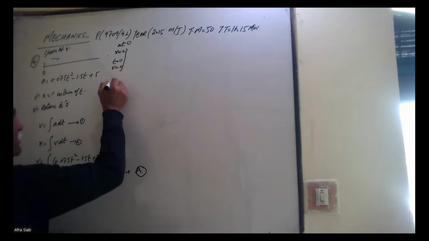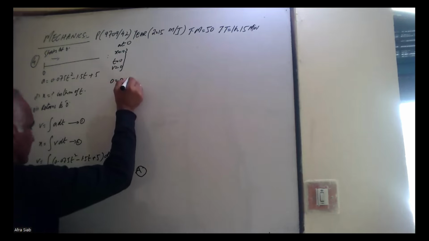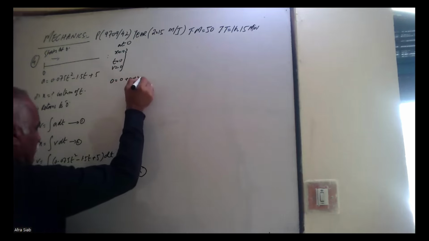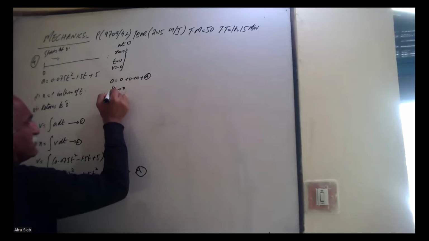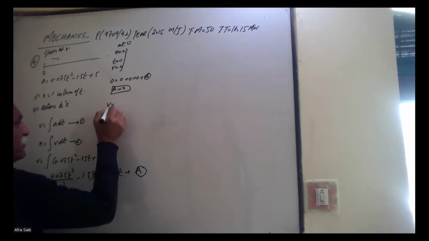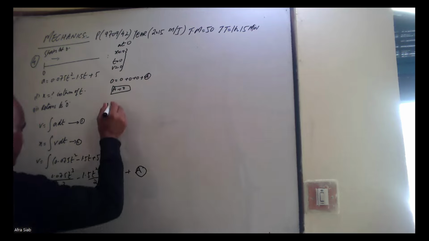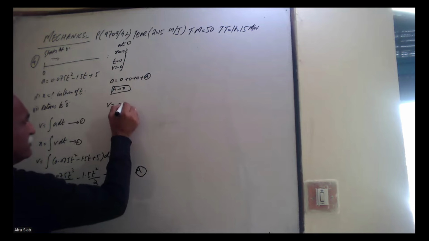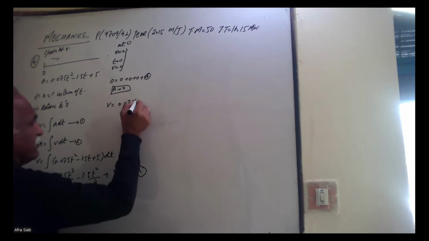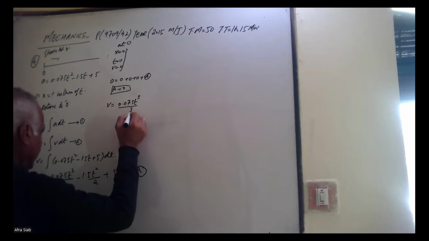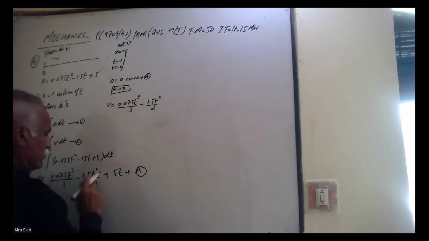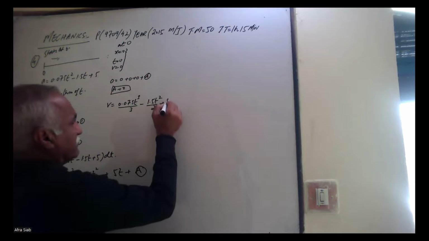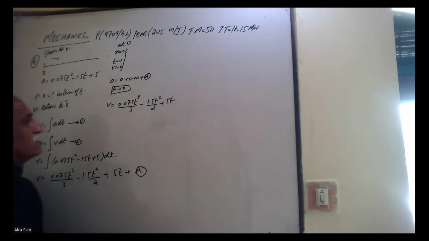So this velocity is 0, time is 0 there. So the constant of integration a is also 0 there. So the velocity will become now equal to 0.075 t cube over 3 minus 1.5 t square over 2 plus 5t. So this is the expression we got for the velocity there in terms of t.